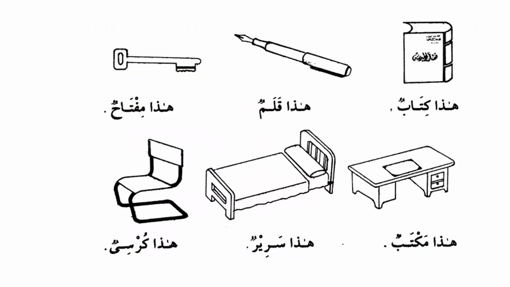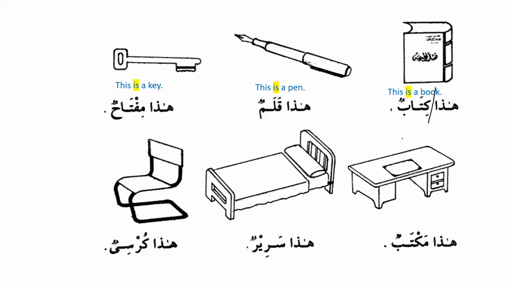Okay. Now we have more complete sentences over here. Hada kitabun. You just put a line over here. Hada is kitabun. This is a book. Similarly, we have hada is qalamun. This is a pen. And hada is miftahun. This is a key.